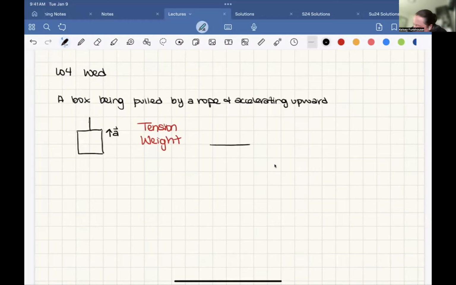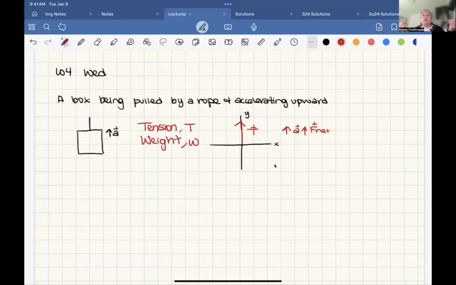So now let's draw the coordinate axis so we can draw our free body diagram. So the tension is going up. That's the direction of the rope, and tension is given with just a capital T and weight is with a capital W. And then weight is pointing down, but we know our acceleration is up, which means our net force is up.